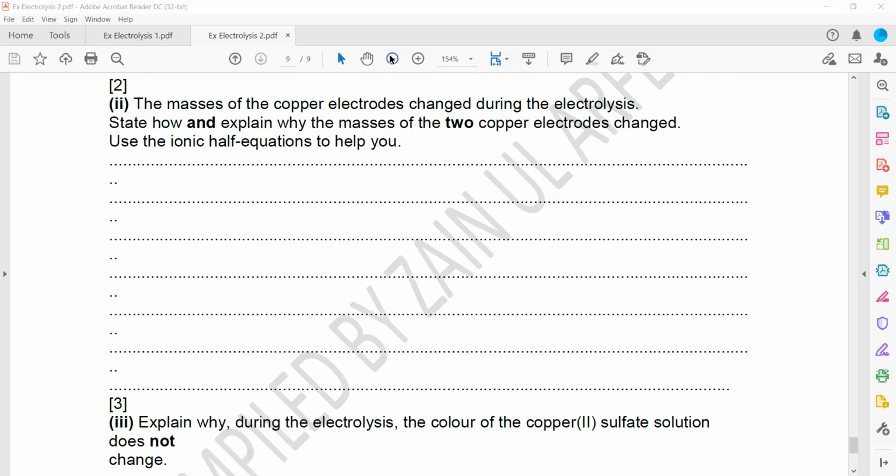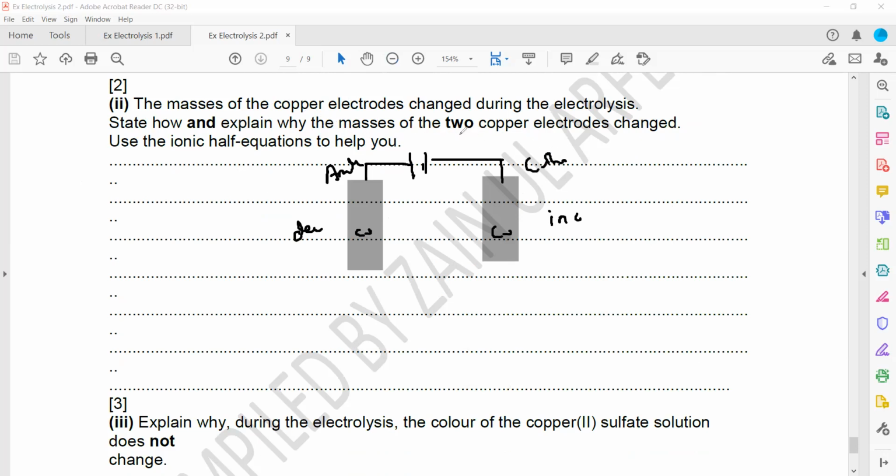Next, the mass of the copper electrode changes during electrolysis. When we carry out the electrolysis using copper electrodes, the size of the cathode increases and the size of the anode will decrease. So state and explain how and why the mass of the two copper electrodes changes. What is the reason here?